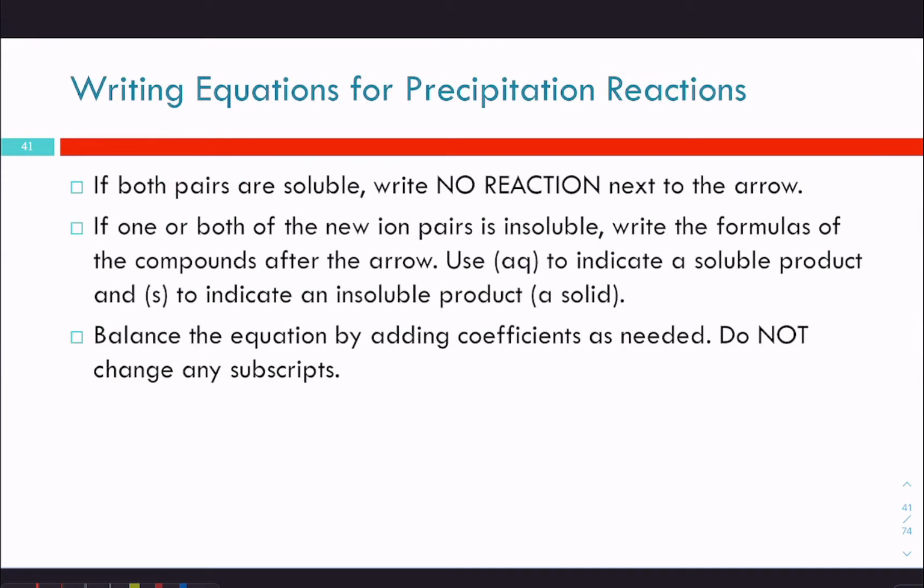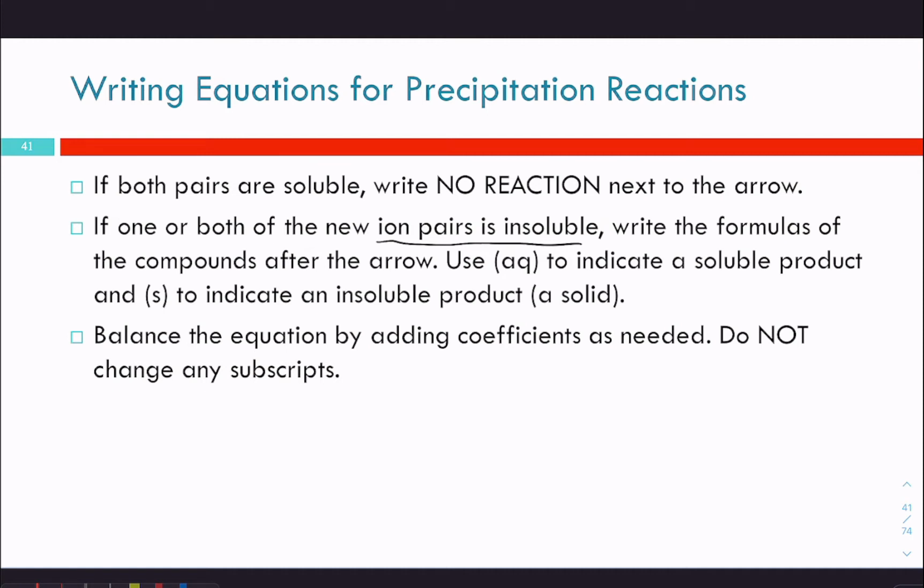So if both of those pairs are soluble, then you write no reaction. In this case, we have a reaction. Because if one or both of the new ion pairs is insoluble, write the formulas of the compounds after the arrow, and then we use AQ to indicate aqueous, or the soluble product.